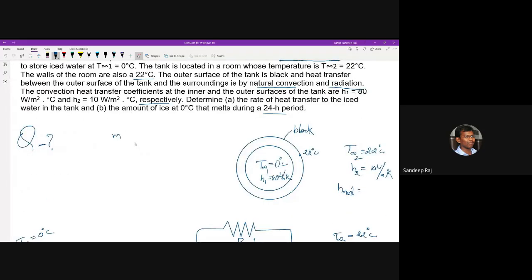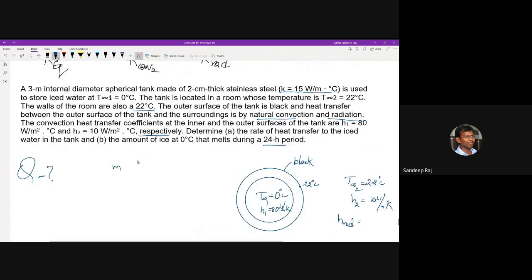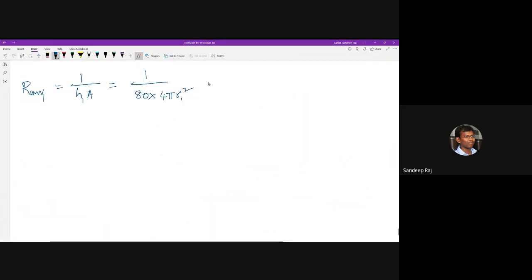It is given. The diameter is 3 meter, divided by 2 will give you 1.5 meter. That is the R1 value. So take that value and substitute it here: 1 by 80 into 4 pi into 1.5 square. So calculate this value. You'll get this value in Kelvin per watt.